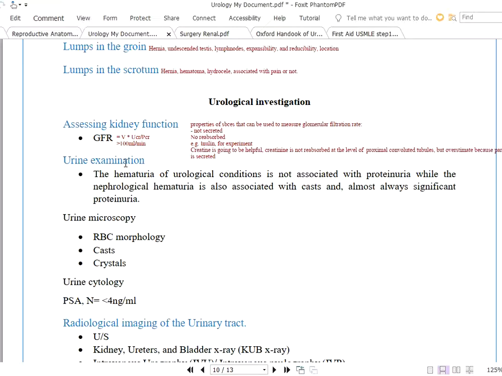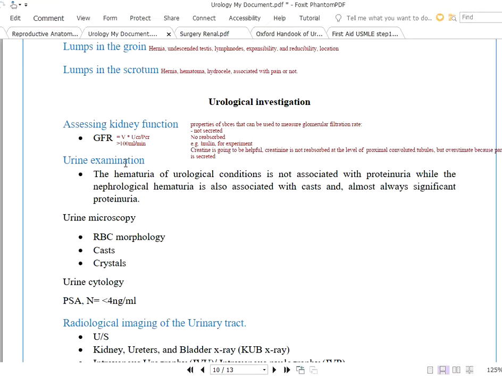All of those factors that we may find during urine examination are also used in urological investigation, so as to rule out some causes of urological complaints. Then urine microscopy: we do urine microscopy to see cells which may be in the urine, to see casts, to see crystals.